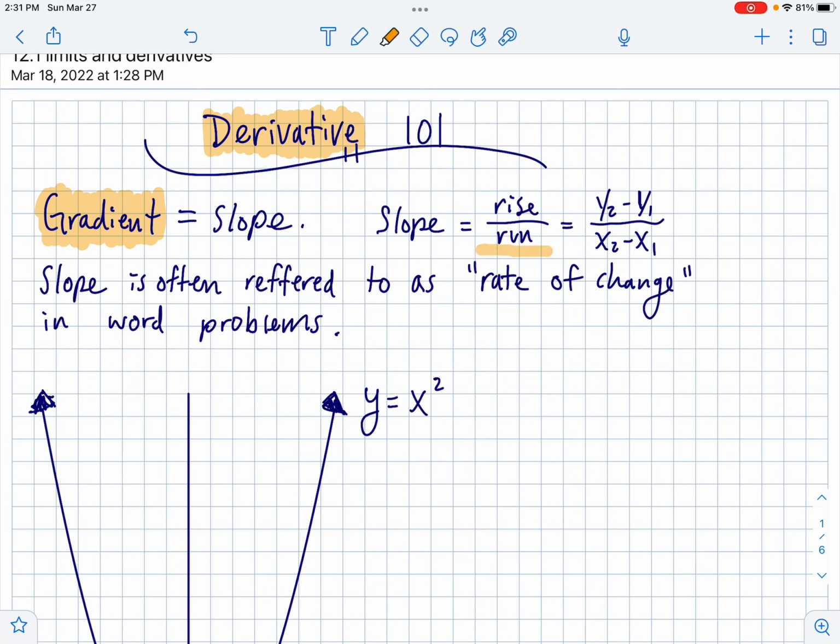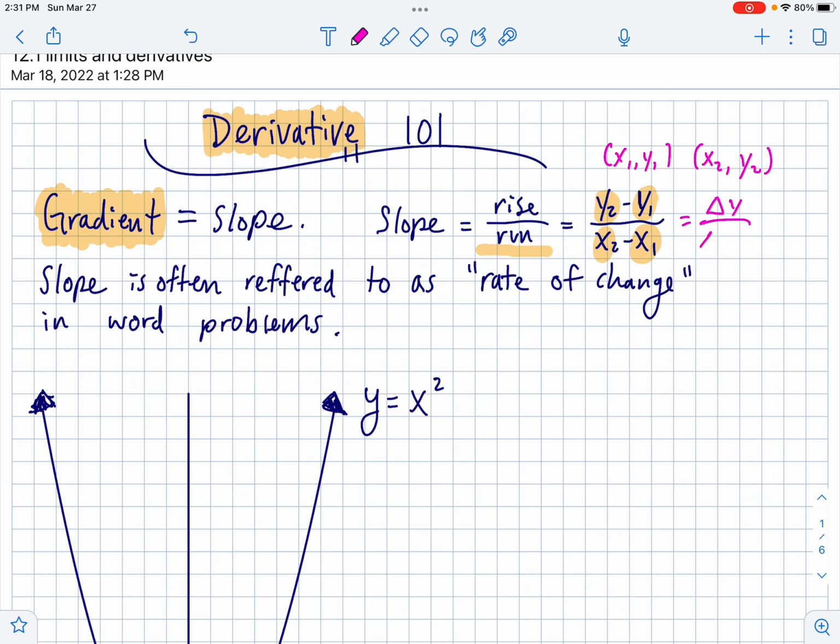Just some reminders about slope that you've seen before in previous courses. A slope is a rise over a run. A way you can find that slope if you're given two coordinates, like x1 comma y1 and x2 comma y2, is that you can take y2 minus y1 over x2 minus x1. So it's the rise, because the rises have to do with the y's, and the runs, left and right, have to do with the x's.